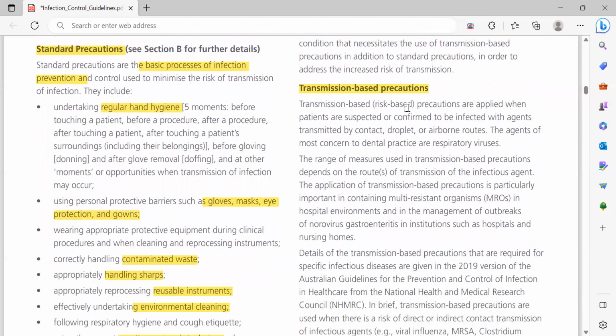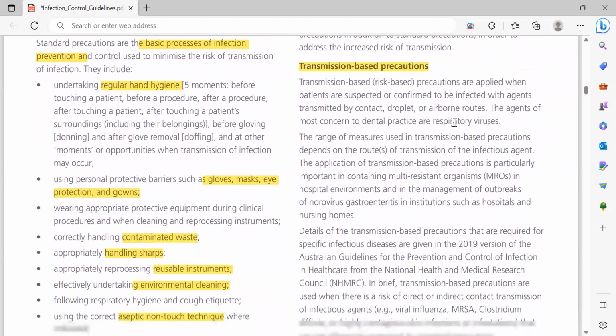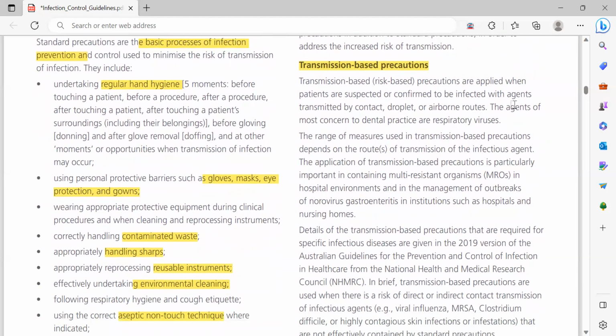Okay, so transmission-based precautions are applied when patients are suspected of or confirmed to be infected with agents that are transmitted by contact, droplet, or airborne route. Even talking to those patients can infect you. So you need to take certain other additional precautions for them.